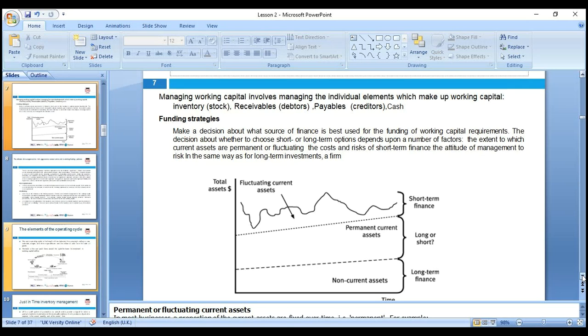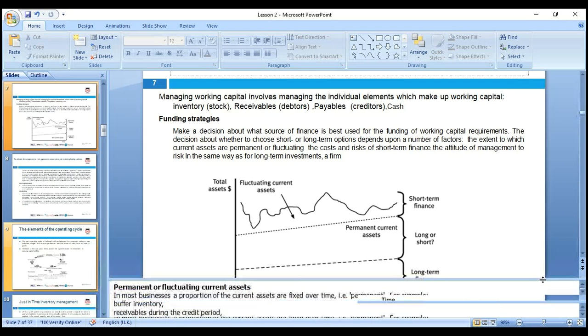Inventory is also called stock. Stock all comes under current assets, so we always look at the stock. If we have too much stock, what is the problem? The money is frozen.